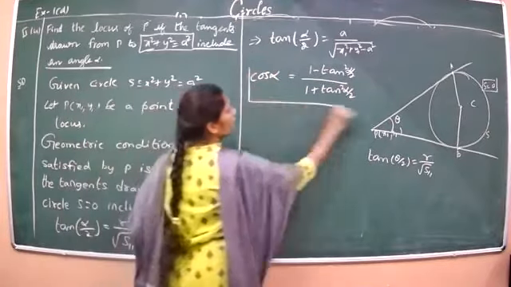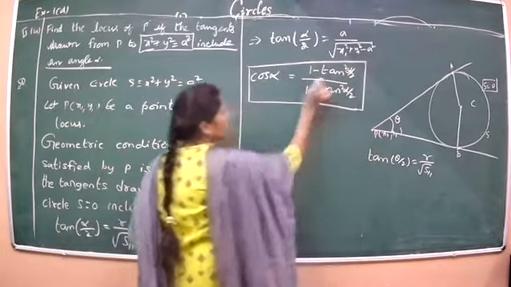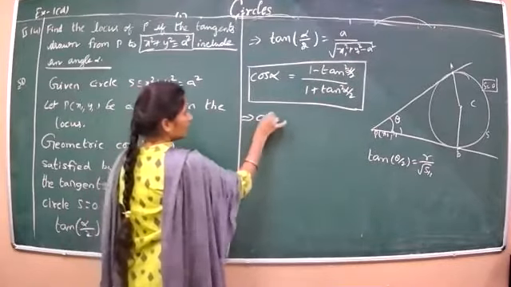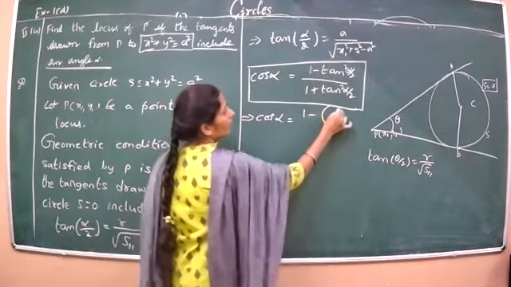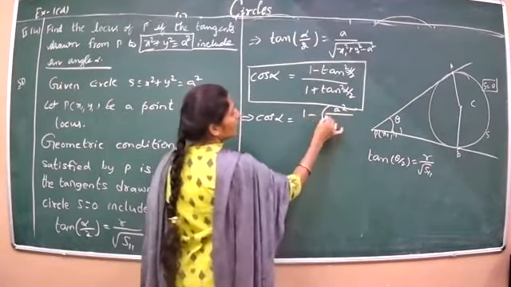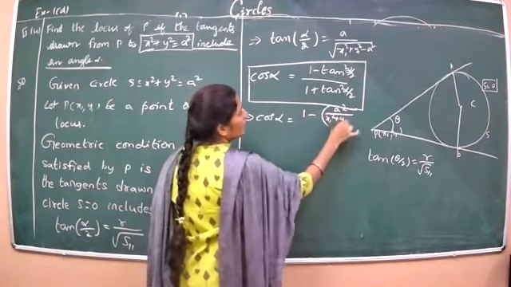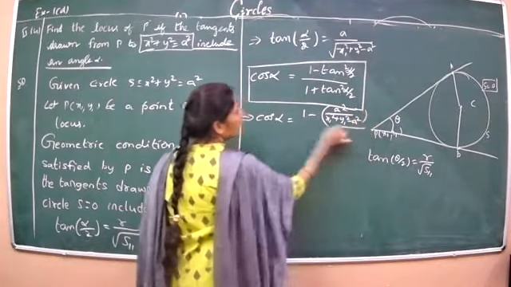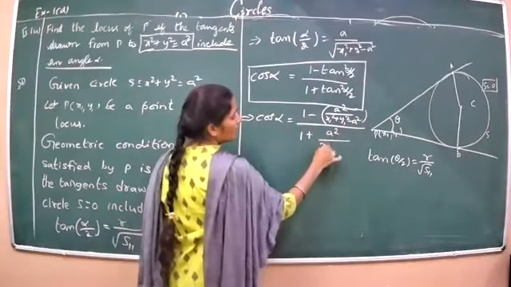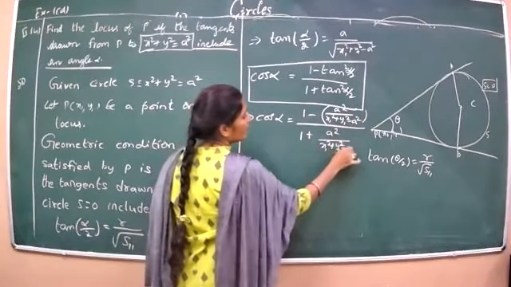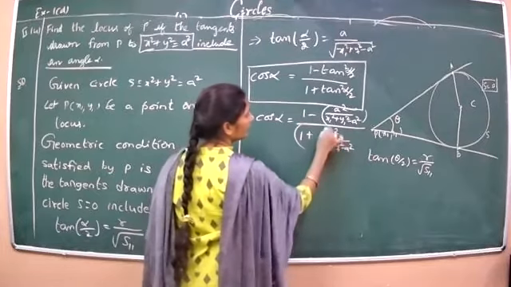It is a formula which helps us transform using tan. Cos alpha is equal to 1 minus, substituting tan square alpha by 2, a square by (x1 square plus y1 square minus a square), divided by 1 plus a square by (x1 square plus y1 square minus a square).